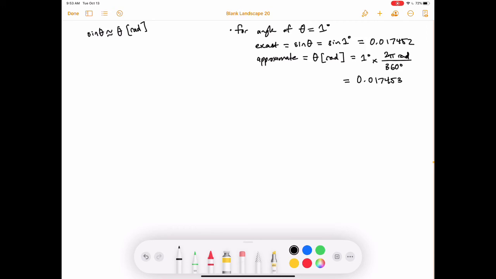This is a really good approximation. You have to go out to many decimal places before you actually see any difference. So the error is really small.